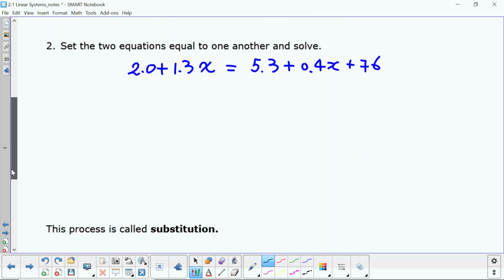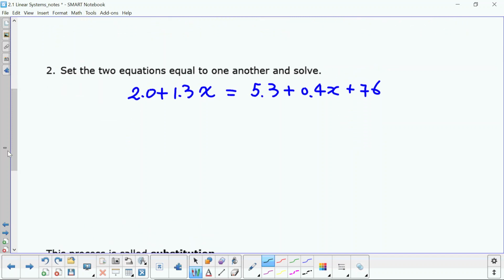Then after that, we are going to solve this equation. This is a linear equation with only one variable. Do you still remember how to solve a linear equation? Solving a linear equation means you are going to isolate x. X needs to be by itself on one side.